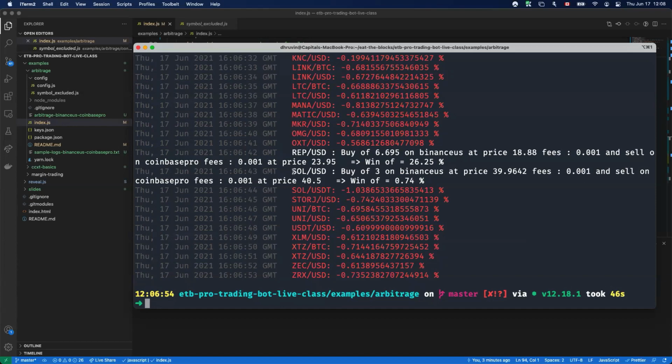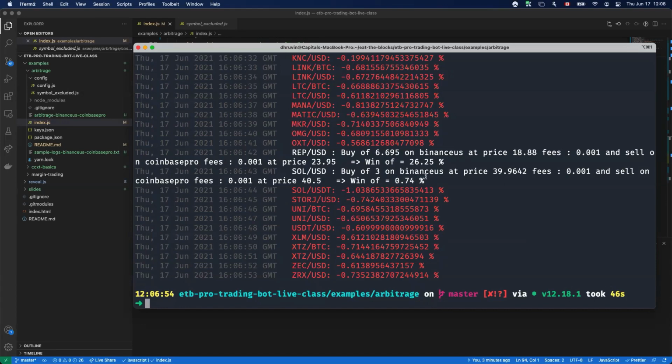The next arbitrage opportunity that we have is between SOL to USD, where you can buy on Binance and sell with a profit on Coinbase at 0.74%. In this code, I have set the threshold of 0.6%, not 6%.